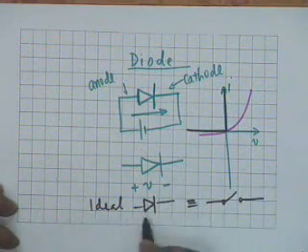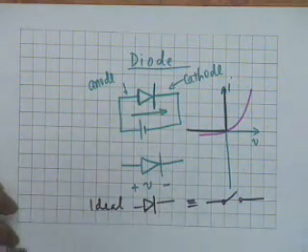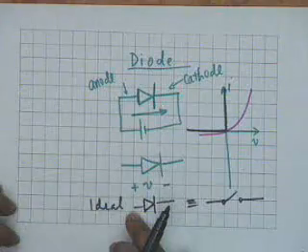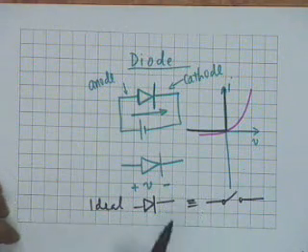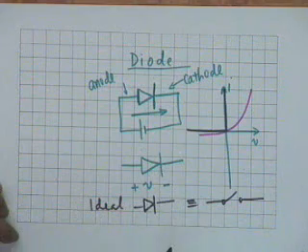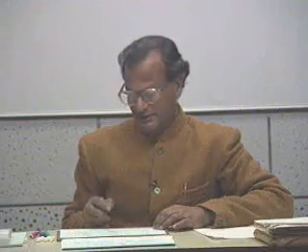When the diode is biased in the forward direction, that is, the anode is positive with respect to the cathode, the switch is closed. When it is biased in the reverse direction, that is, the anode is negative compared to the cathode, then the switch is open, no current flows.